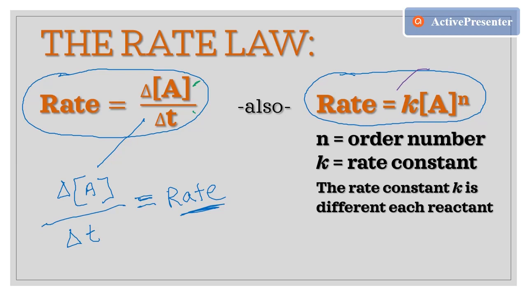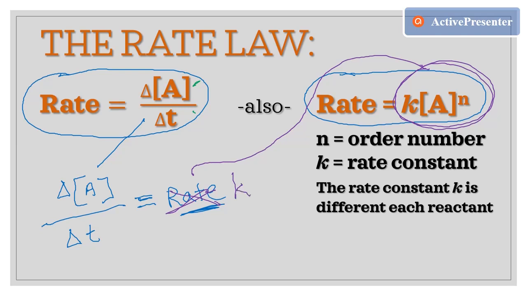Let me get a different color. We can take this other definition of rate and we can substitute that into the word rate. So instead of writing the word rate, we can put in K times the concentration of A to the power of the order number.